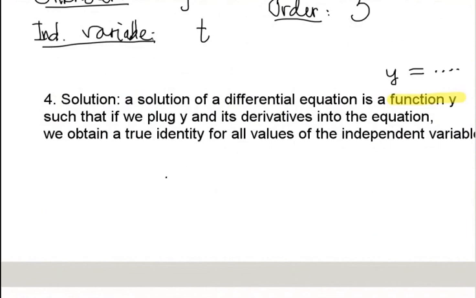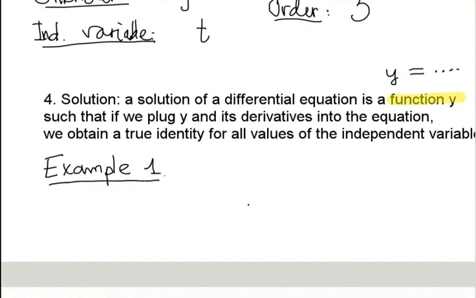We have a function so that if we take y and its derivative and put them in the equation, we obtain a true identity for all values of the variable. So to see what's really going on, let's look at a few examples.